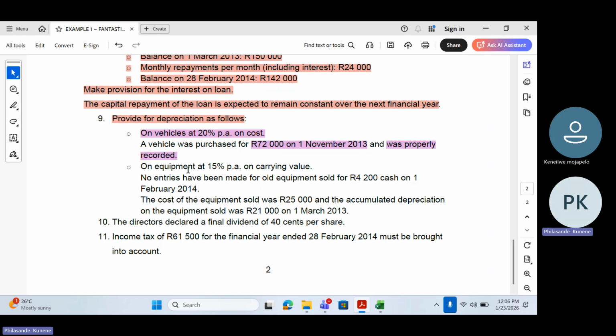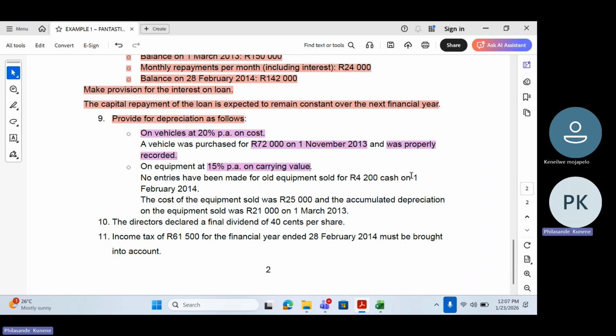And then on equipment at 15% per annum on carrying value. So when they're saying on carrying value, what do they mean? They mean the value after it has depreciated, the current value after depreciation. Exactly.